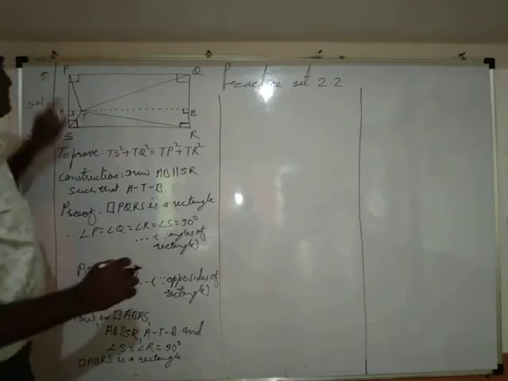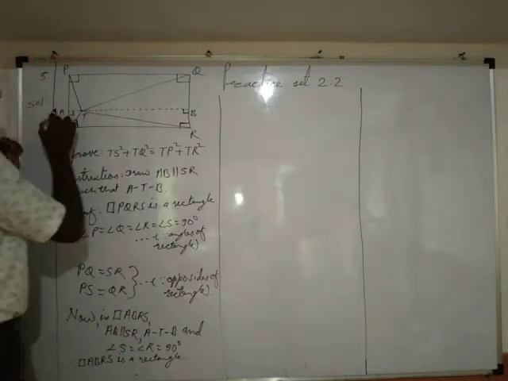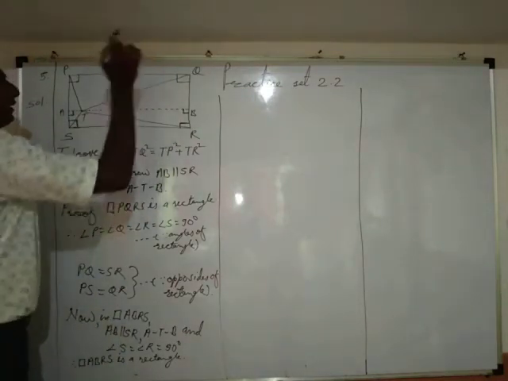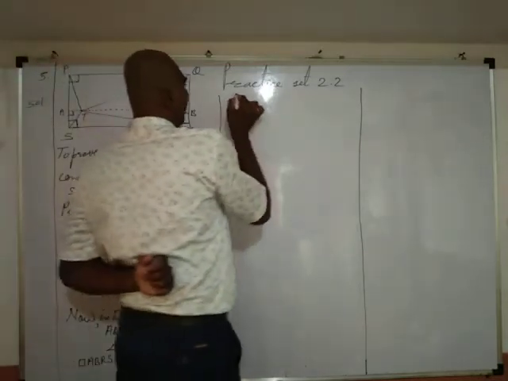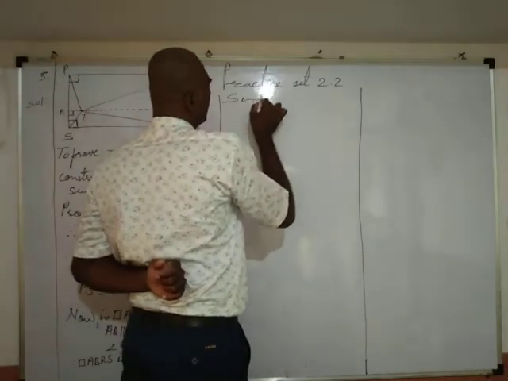Similarly, we can prove that quadrilateral ABQP is a rectangle.